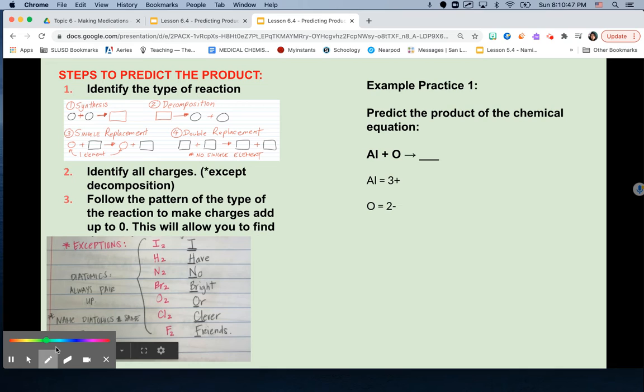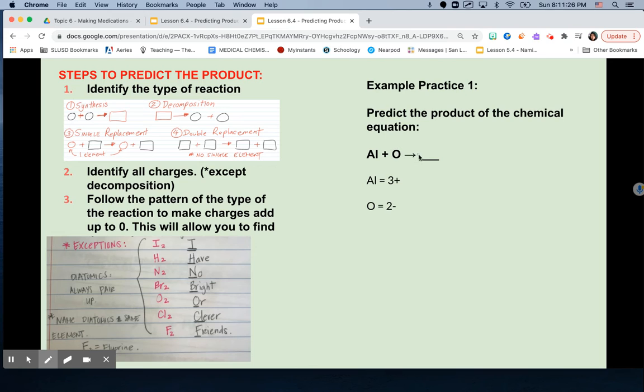So just like before, I'm going to try to figure out which one of these 4 chemical equations or types of reactions it is, right? So here I have something plus something, arrow, one thing is made. Right, so I'm looking for which one of these 4 shows me something plus something, arrow, one thing is made. So this one is one thing, arrow, 2 things at the end. That's not this one. This one is something plus something, arrow, something plus something.